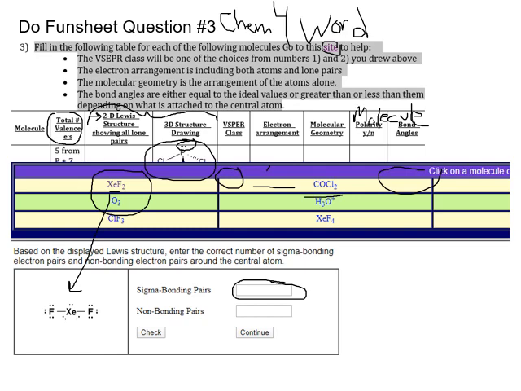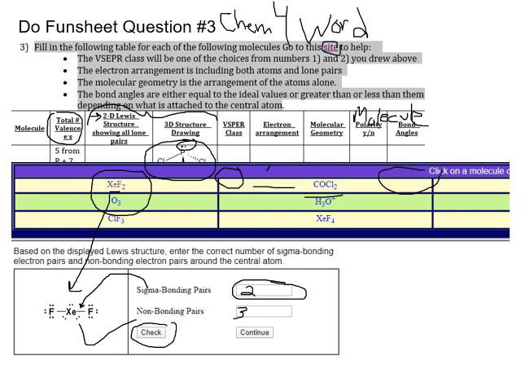A sigma bonding pair is an electron pair involved in a single bond. So in this example, how many bonding pairs do you have? 2. And for non-bonding pairs, around the central atom, xenon here, you have 3.